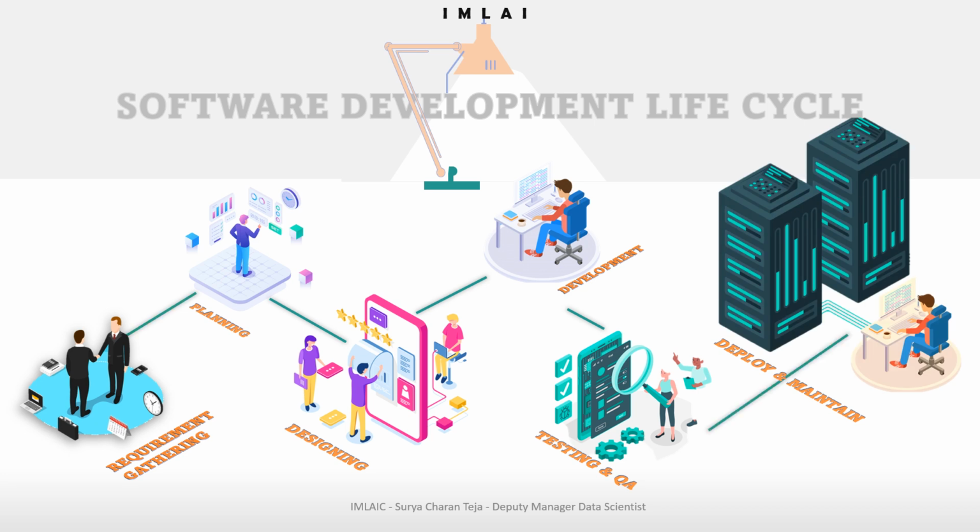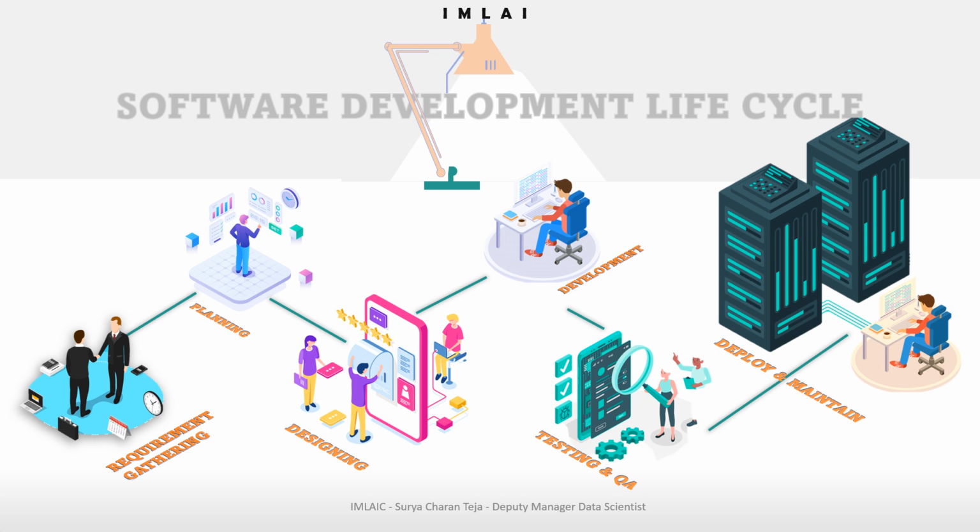So now the question is, what is the software development life cycle, SDLC? Of course, the picture is in front of you. You could get it probably. To elaborate, the software development life cycle is the procedure of producing software at a low cost, in less time, and at the highest quality.